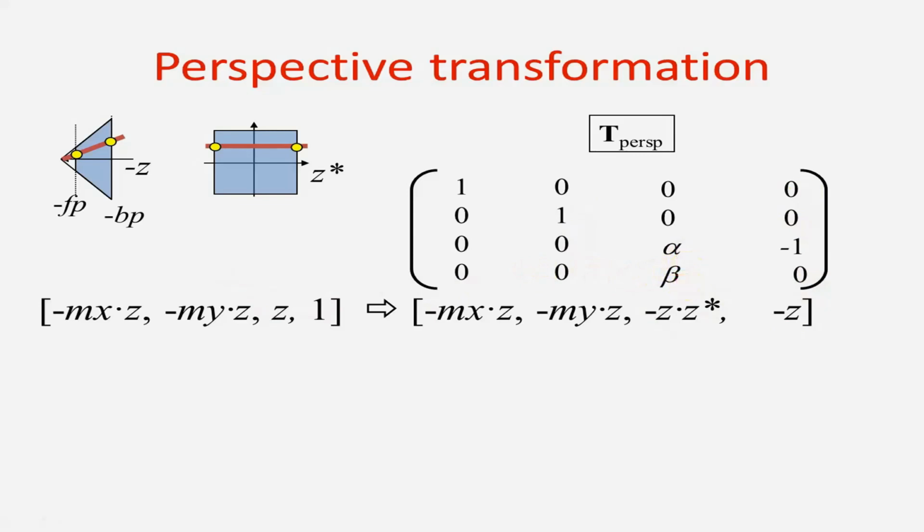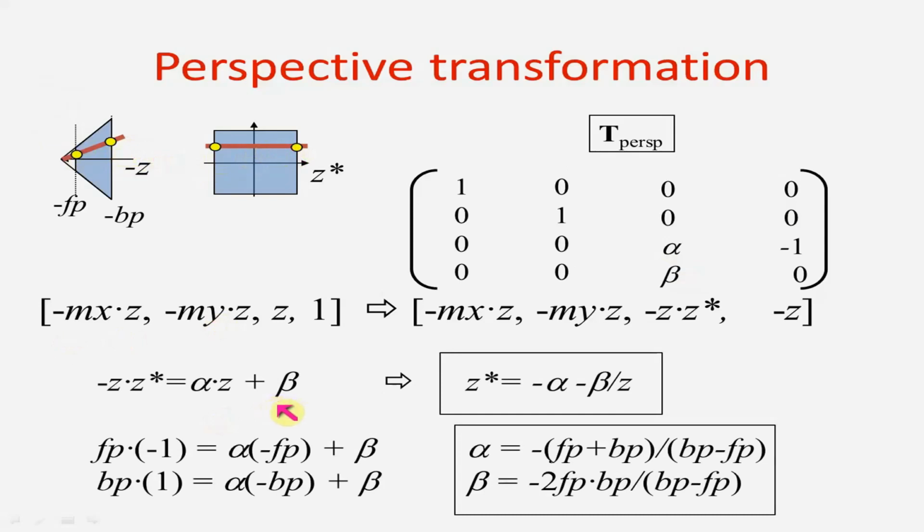They can be found by considering the requirement that the entry point, that is the intersection of the ray and the front clipping plane, should be mapped to z star equals -1, and the exit point should be mapped to z star equals +1.